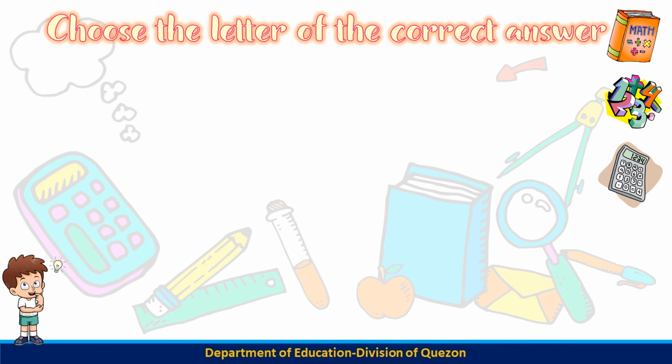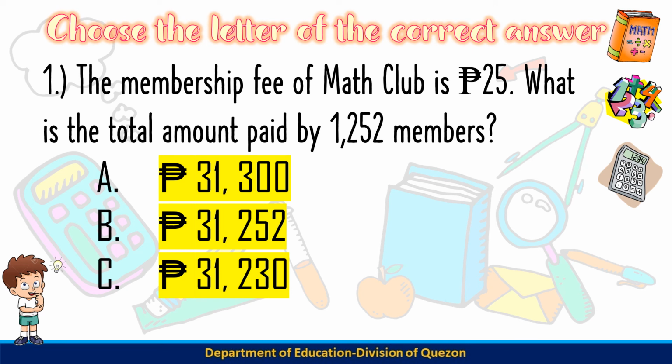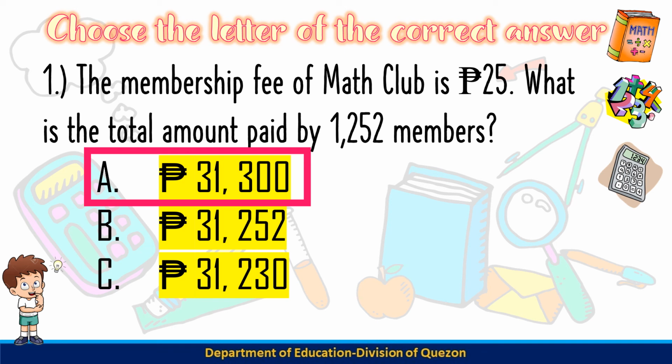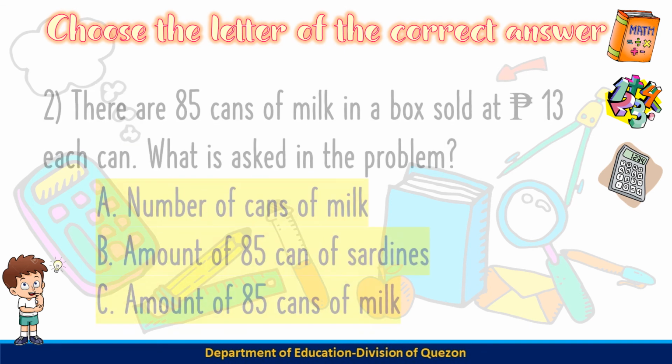Let us answer. The membership fee of Math Club is 25 pesos. What is the total amount paid by 1,252 members? If we multiply 1,252 by 25 pesos, the answer will be letter A, 31,300. Number 2.